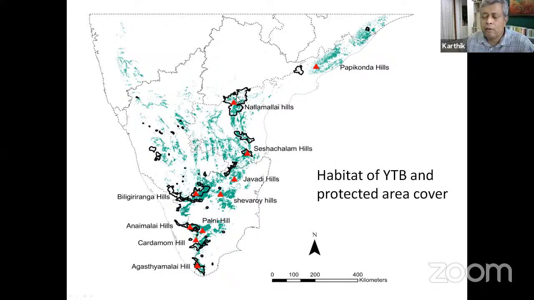So you may think, oh, how much of that area it is? Do we have enough area to do what we want? In India, we have less than 5% of area which is under protected area. So 95% of land, we can do anything we want. So these animals, there are areas where this yellow-throated bulbul is found, and it also overlaps with protected areas.